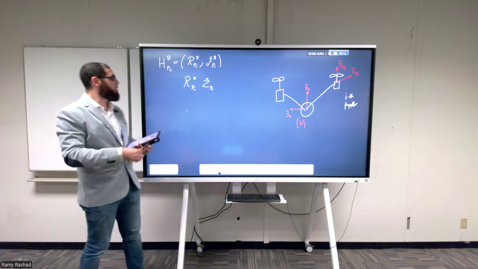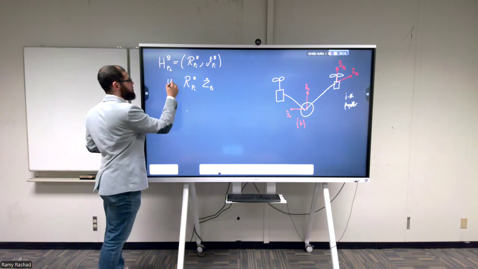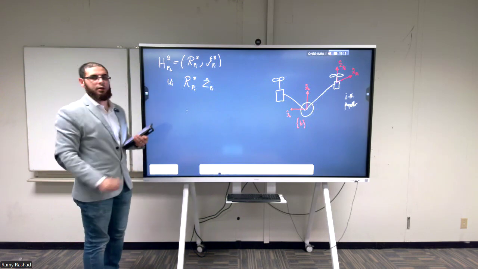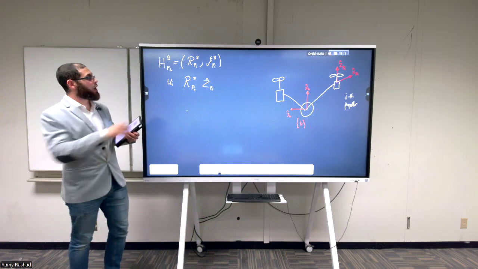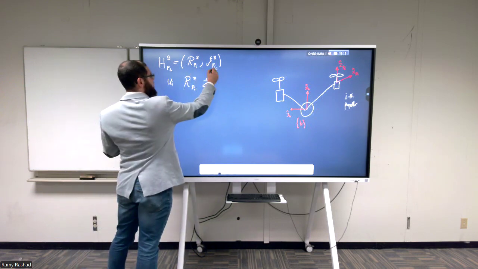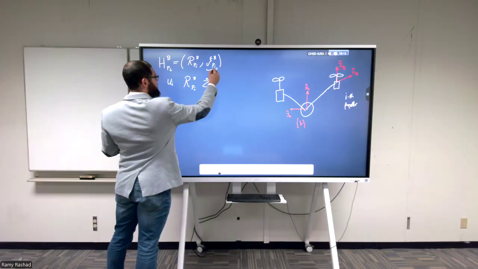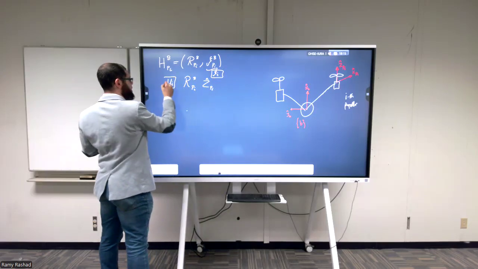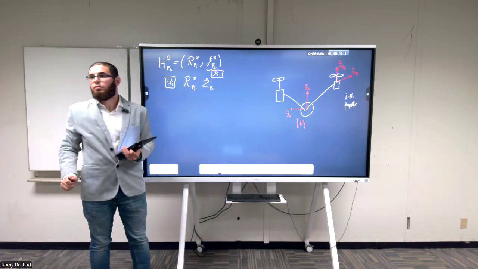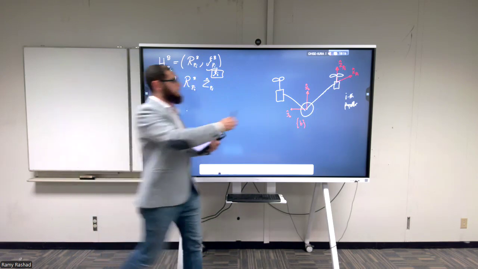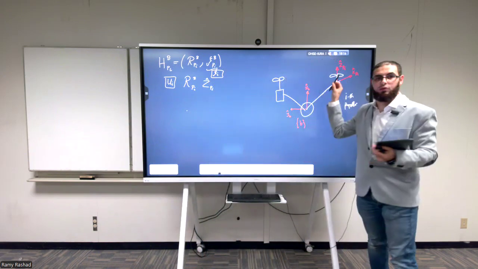Easy. We're going to call this variable u_I, just for simplicity, because we're going to have this a lot. And we're also going to call this one psi_I. Psi_I is constant, so it doesn't change with time. So where this propeller is located on the drone doesn't change.